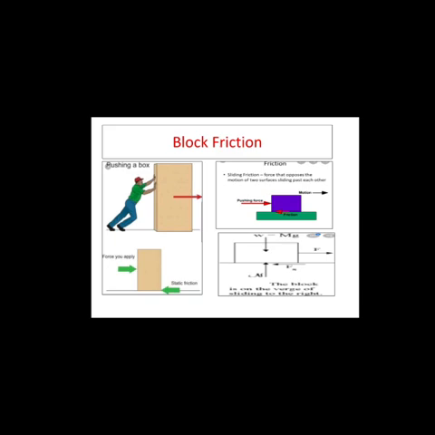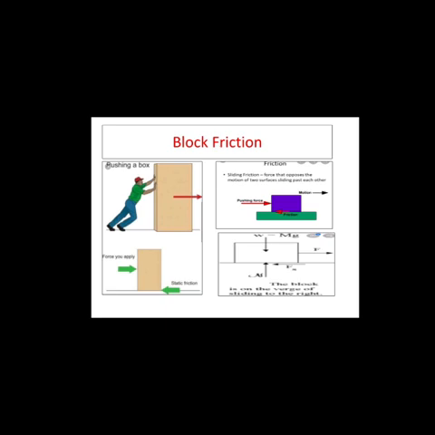The application of the concept of shear to soils can be better understood with the help of block friction. Consider a block of certain weight W resting on a horizontal surface. N is the reaction. If this block is pulled by a force F, it is obvious that a frictional resisting force gets developed at the interface between the block and the surface, in a direction opposite to the direction of the applied force.